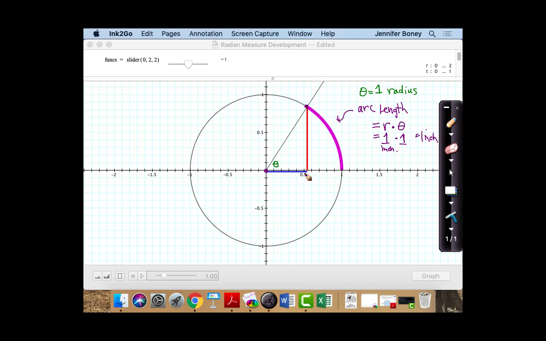So this distance here looks like 0.54. And this vertical distance looks longer, let's say it's about 0.85. Just eyeballing how long these sides are using the coordinate grid.